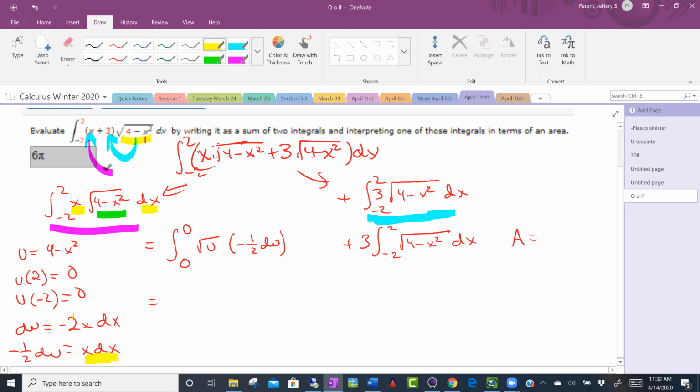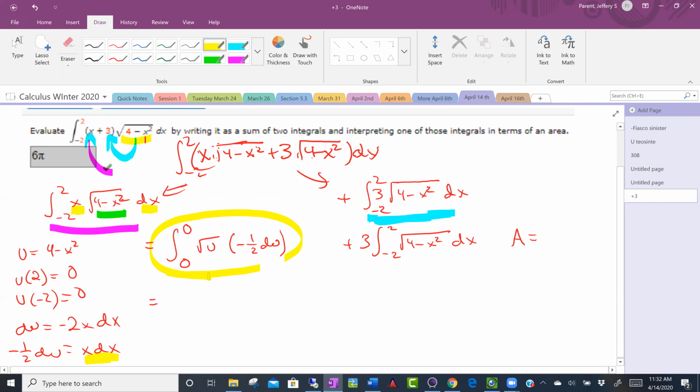But there's something funny that happens. If I change my limits of integration, when I put in a 2, 4 minus 2 squared is 0. When I put in the -2, 4 minus -2 squared is also 0. So I'm ending up with this right here.